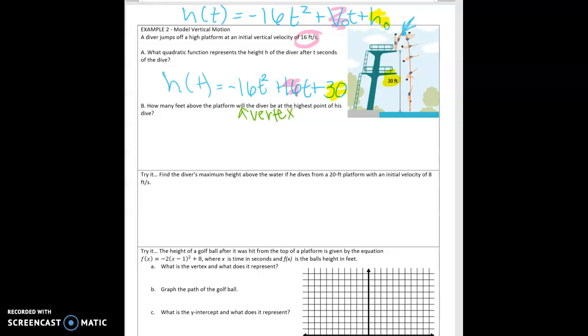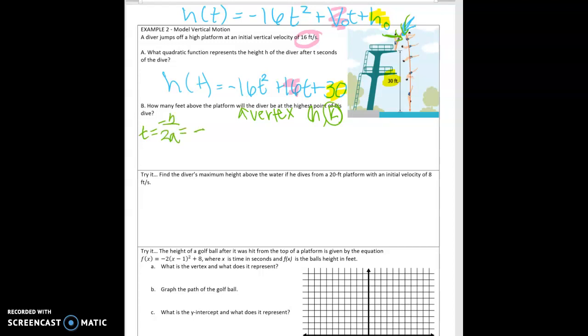And we actually need this part of it because we want the y part of it, the highest value. So we first have to find the x though. So we do that, remember, by doing the negative b over 2a.